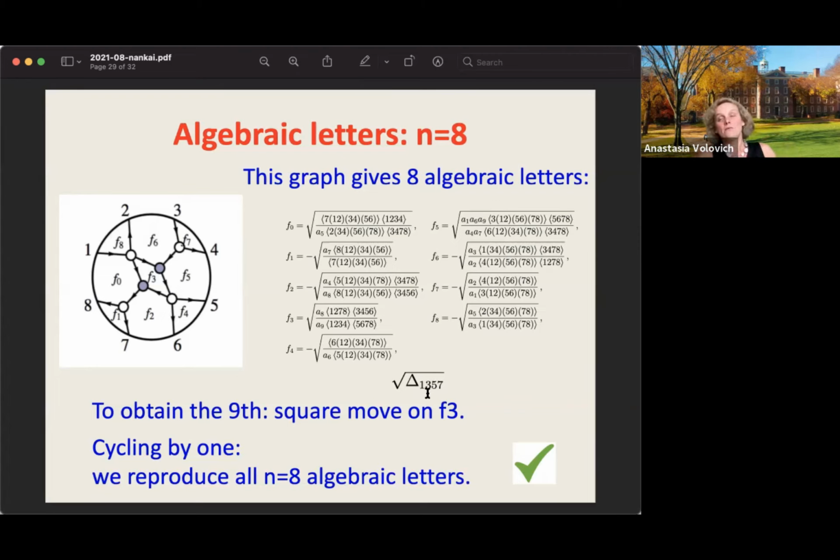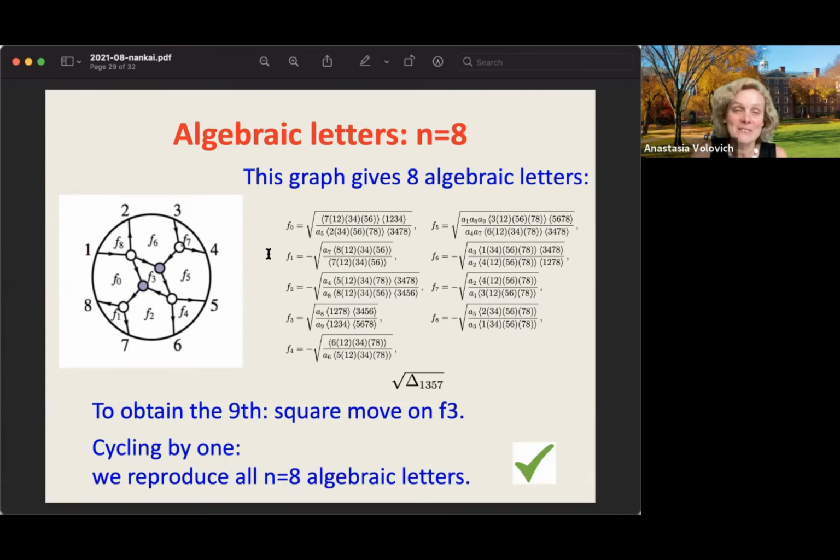If you make some square move on some face, you can get all of them. We were very excited when we were able to get those mysterious square roots just by such a simple algorithm. We ended up writing three papers on this.